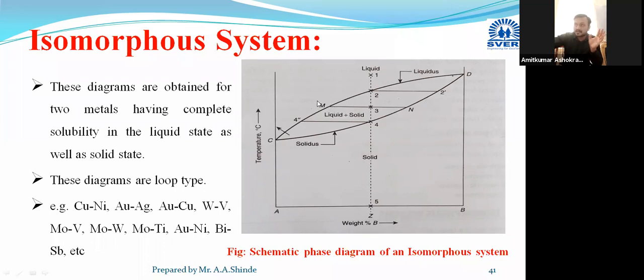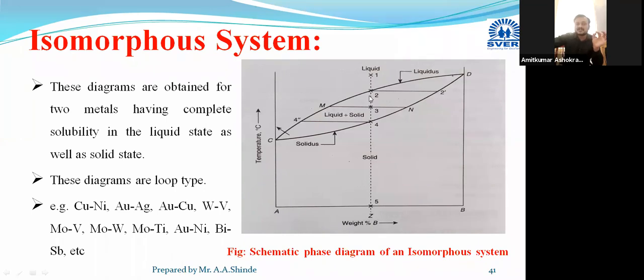Here I have marked them as point M and point N. Then this MN line is termed the tie line, or the lever arm. From the composition point Z, draw the vertical line.